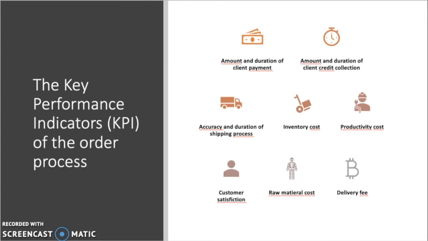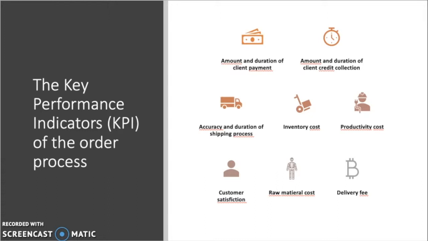It means the team in charge of collecting client credit collects the credit on time, and the duration is shortened. Are they doing their job correctly? Do they collect the accurate amount of client credit?